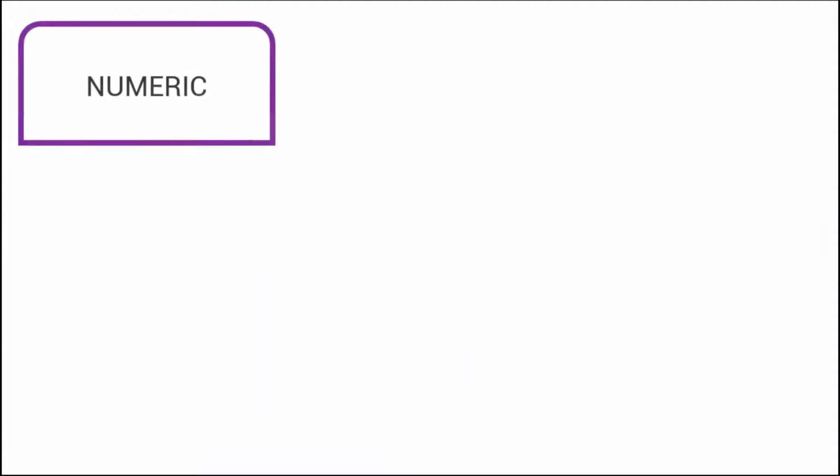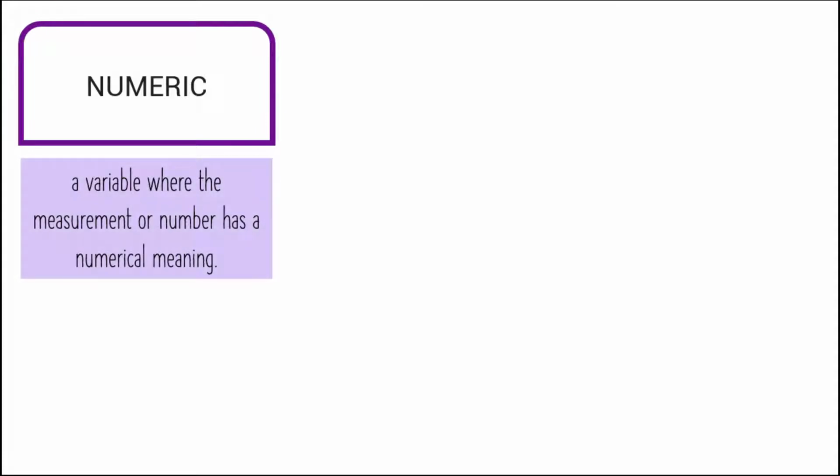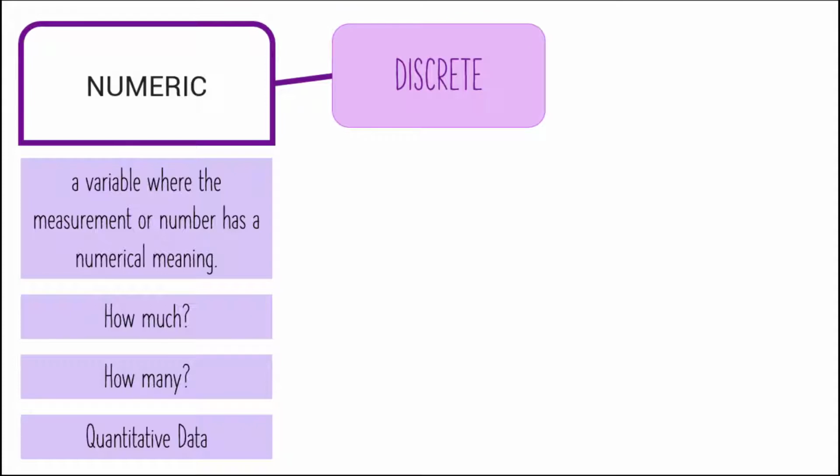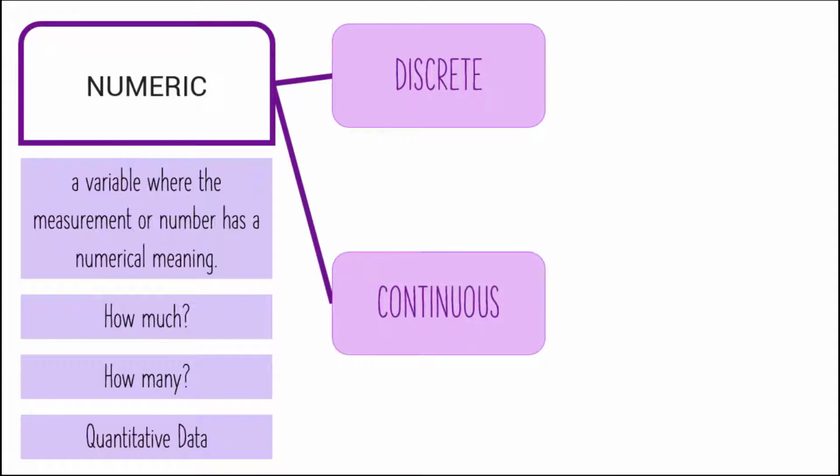Let's have the first one. Let us start with the numeric variables. These are variables where the measurement or number has a numerical meaning. It answers the questions how much and how many, thus making it quantitative data. It is divided into 2, discrete and continuous.